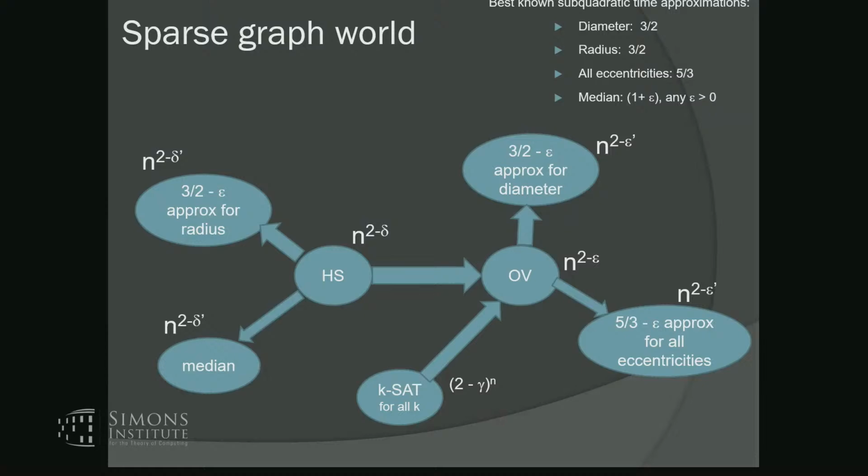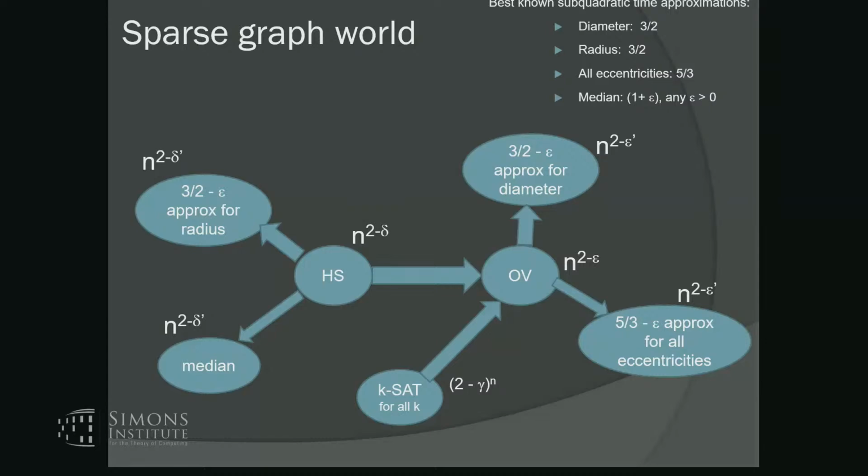It turns out that we need a bit of a different hypothesis to deal with these other problems, radius and median. We call this the hitting set hypothesis. I'm not going to define it here, but it's similar to OV, but it has different quantifiers, like different for all, there exist quantifiers that match the quantifiers in the radius problem. And for that, you can get a reduction from here to here.